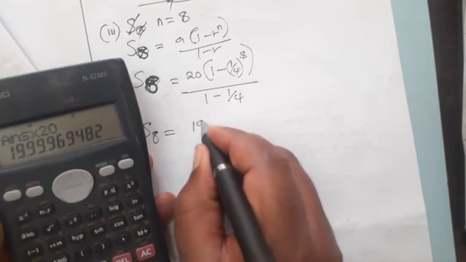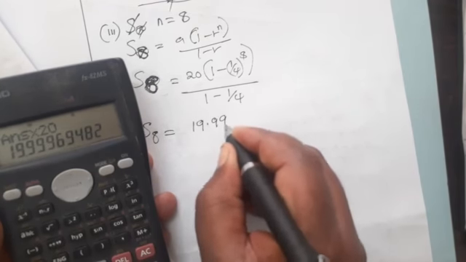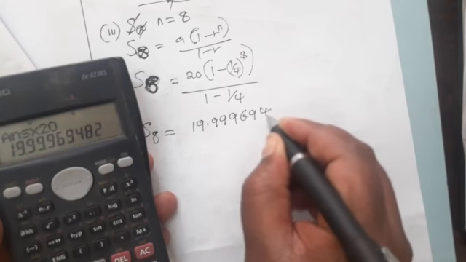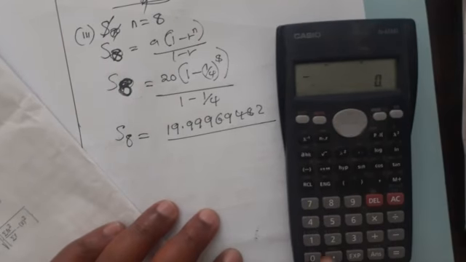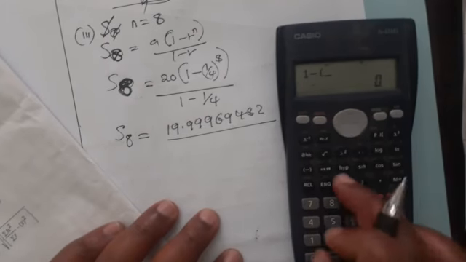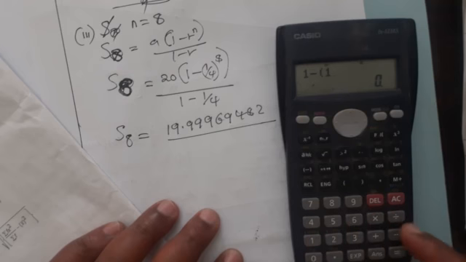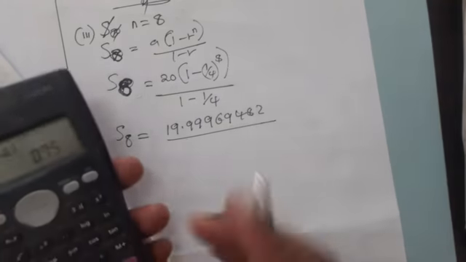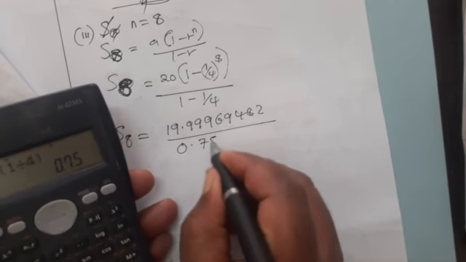Alright, 19.99969482 divided by, what is 1 minus 1 divided by 4? This is what you are going to get, 0.75.